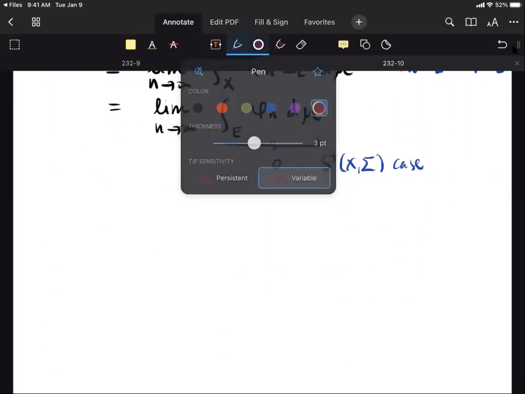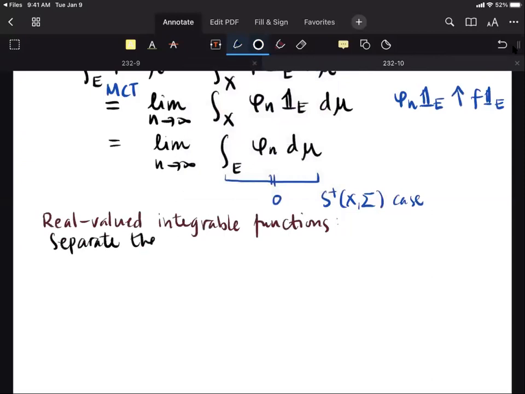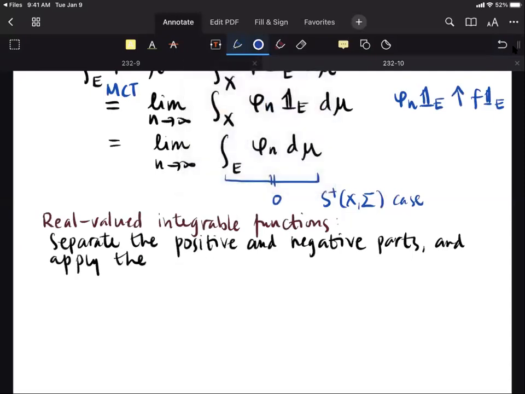Now, for real valued integrable functions, the main idea is to separate the positive and negative parts and apply the case of non-negative measurable functions.